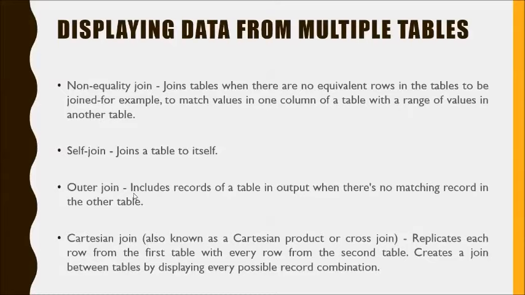Outer join includes records of a table in output when there's no matching record in the other table. Cartesian join, also known as a Cartesian product or cross join, replicates each row from the first table with every row from the second table, creating a join between tables by displaying every possible record combination.